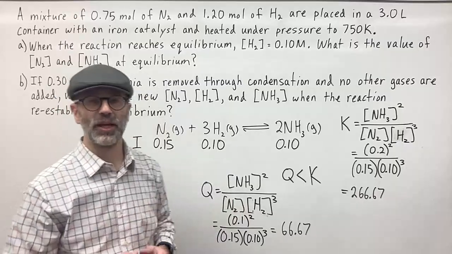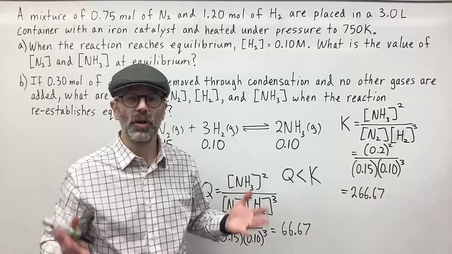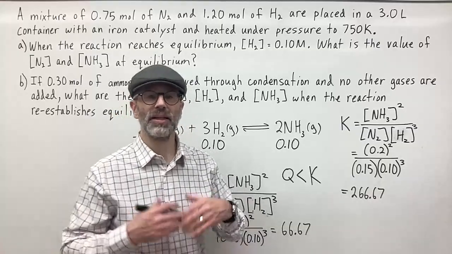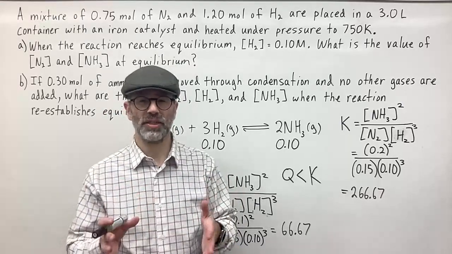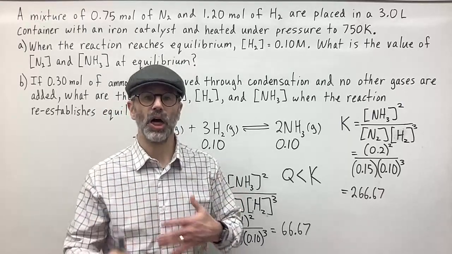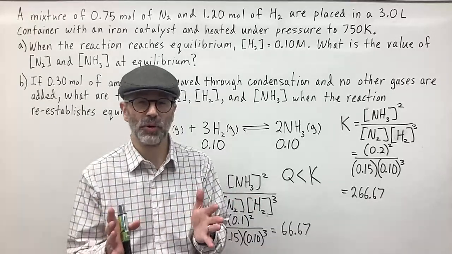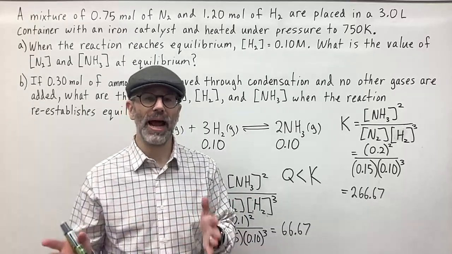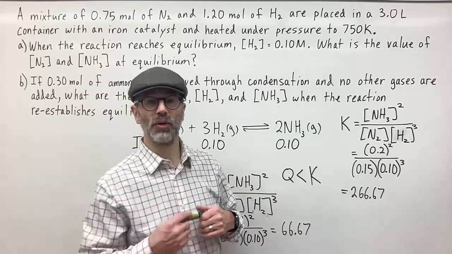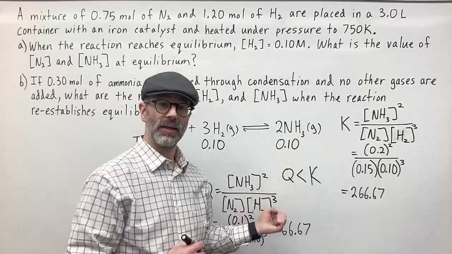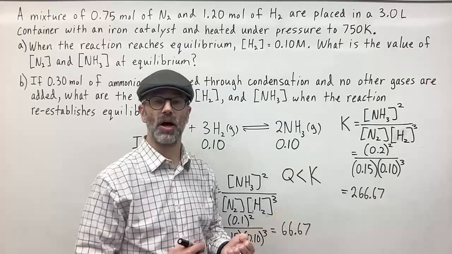The second way you could have done it is you could just use Le Chatelier's principle. Le Chatelier's principle says that whatever stress you apply to the system, it's going to undo that stress in order to reach equilibrium. So if you disrupt equilibrium in a certain way, it's going to shift in a certain way to undo what you did. So what did we do? We removed some of the NH3, the ammonia.